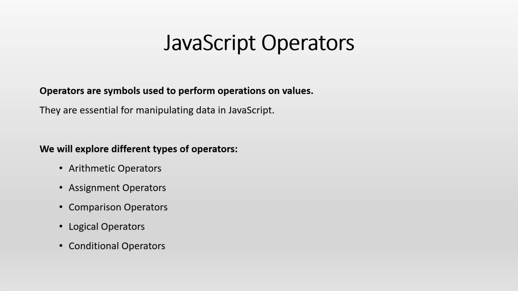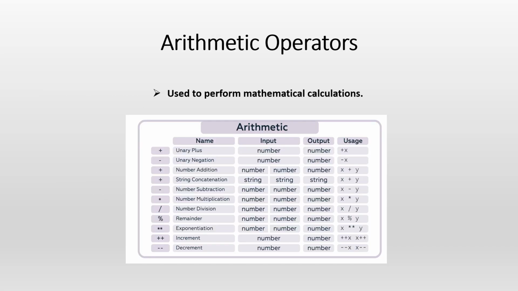Next, arithmetic operators. Let us first learn about arithmetic operators. They are simply used to perform mathematical calculations, like in maths how we use plus, minus, and all. In the similar way, if you use those kinds of symbols, they are called arithmetic operators.